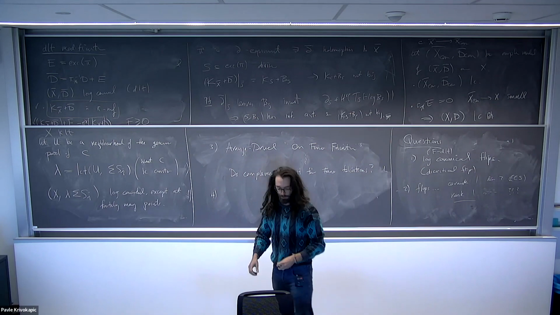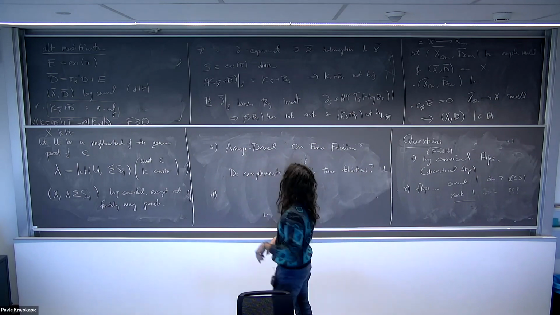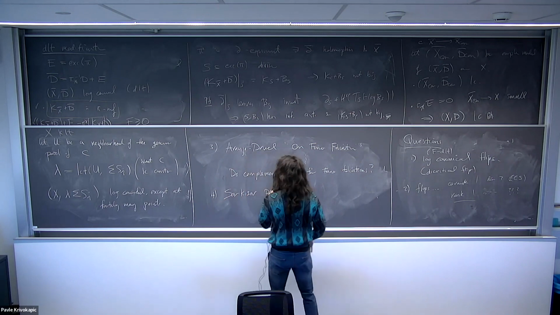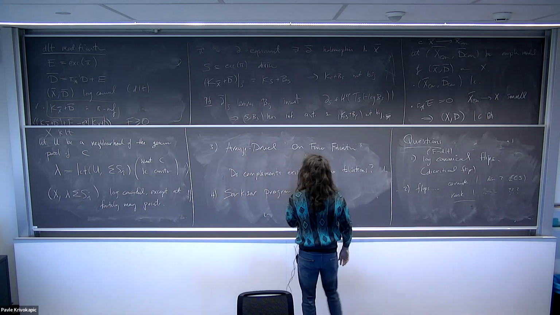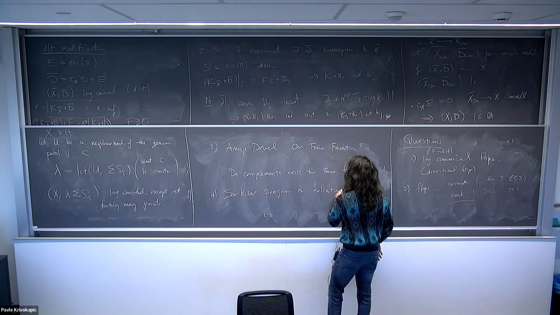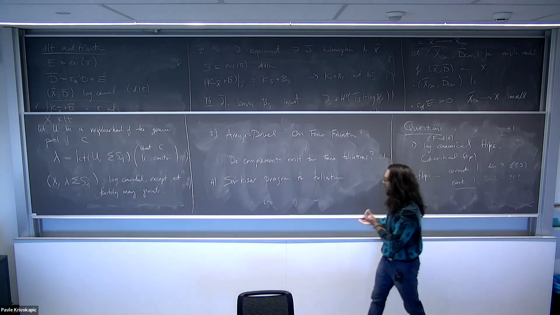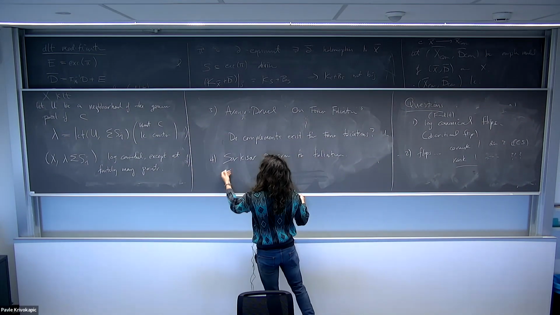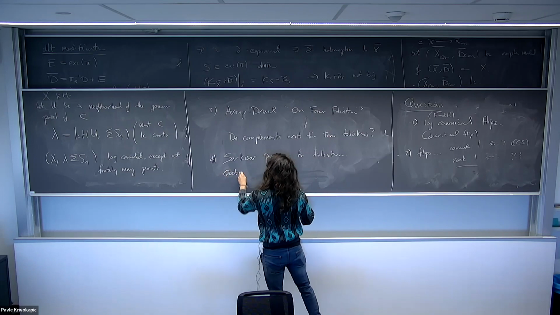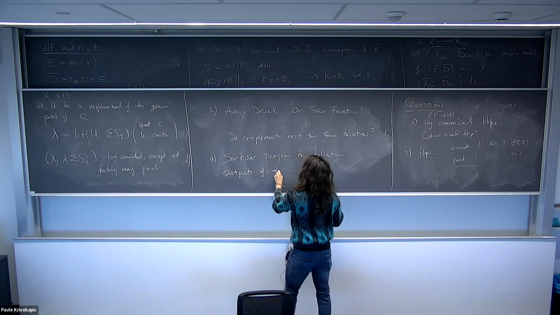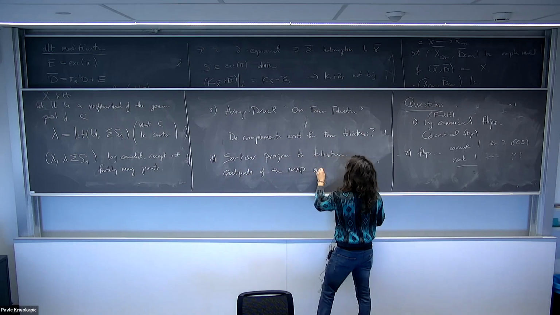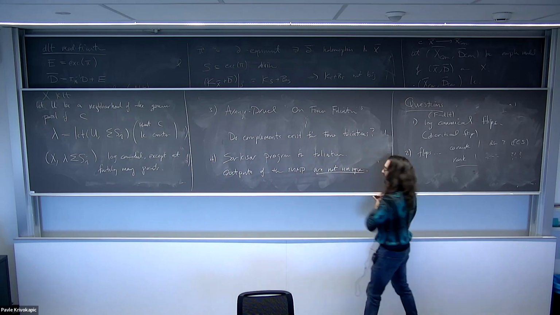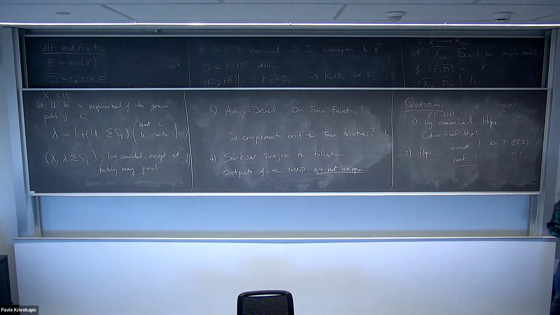The fourth one, since I'm running out of time, is a Sarkisov program for foliations. To give some context, when you run the MMP, the outputs of the MMP are not unique. This is an important aspect of the MMP. We have to make choices when we run the MMP, so it's not really an algorithm.